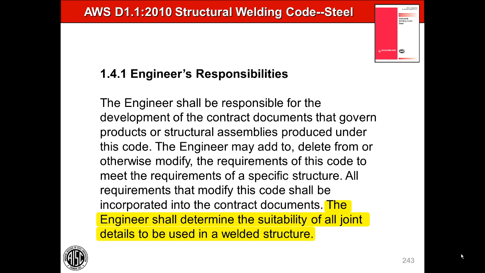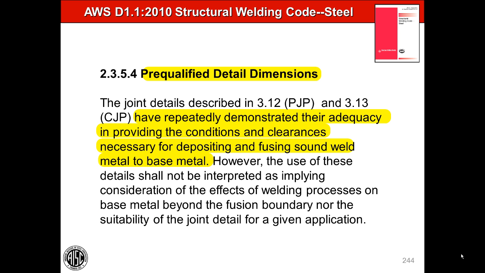And it says under the topic pre-qualified joint details, it says these details have repeatedly generated their adequacy in providing the conditions and clearances necessary for depositing and fusing sound metal to the base material. But it hastens to say the use of these details shall not be interpreted as implying consideration of the effects of the welding process on base metal beyond the fusion boundary, nor the suitability of the joint detail for a given application.